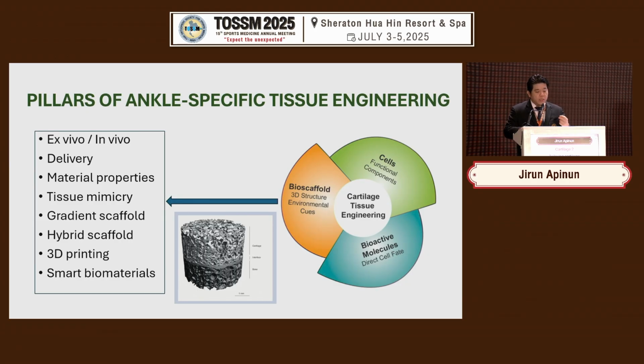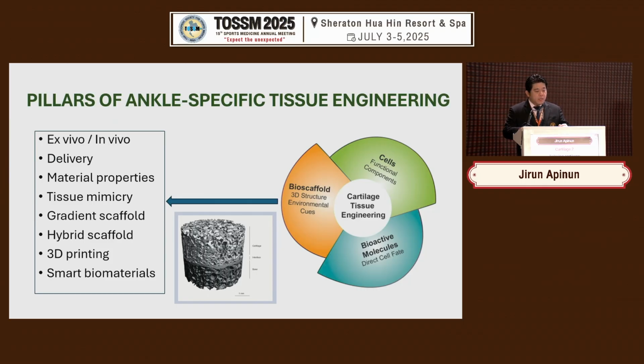And also the bioscaffold: whether we want it to work ex vivo or in vivo, and its delivery. We need to think about which delivery method we want to use to put the scaffold in, because the constrained mortise of the ankle makes some locations inside difficult to access.